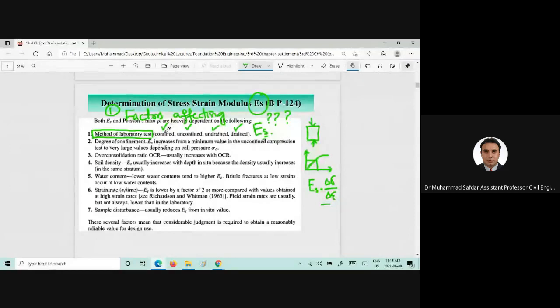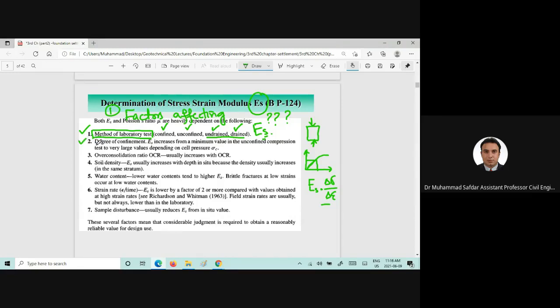So the type of test, the type of confinement, and the drainage condition will definitely affect the stress strain behavior of that particular soil. If those factors change the values of modulus of elasticity, that is the first factor affecting the modulus of elasticity.